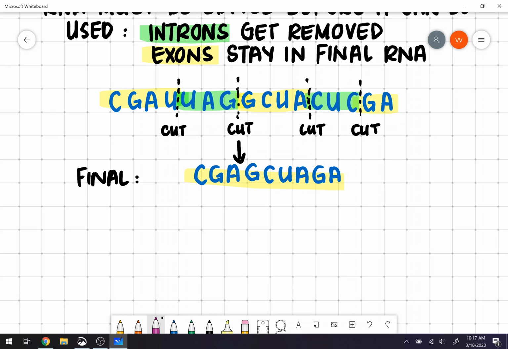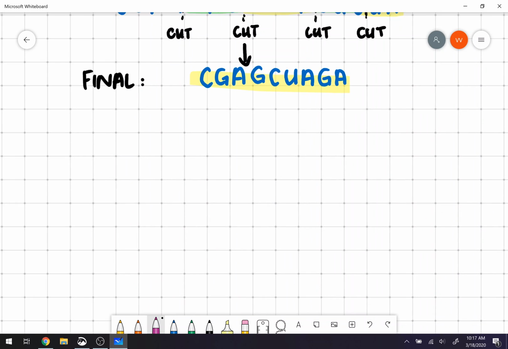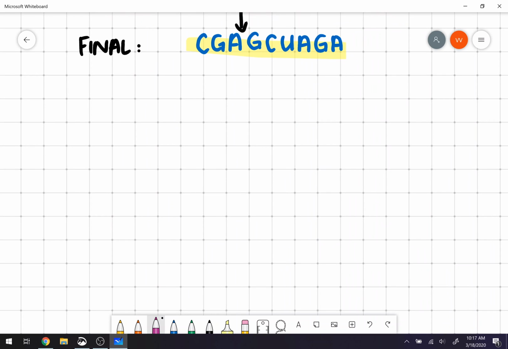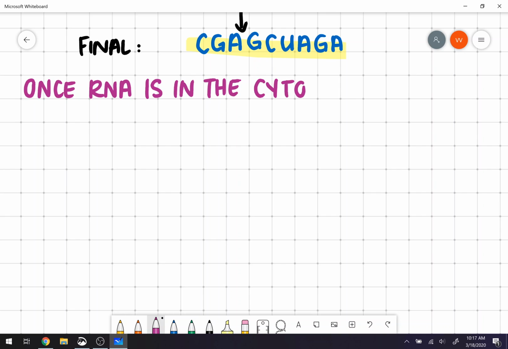Once RNA has left the nucleus and into the cytoplasm, it's going to go and look for a ribosome. Right? Because remember, transcription takes place in the nucleus because we don't want to remove the DNA from the nucleus.